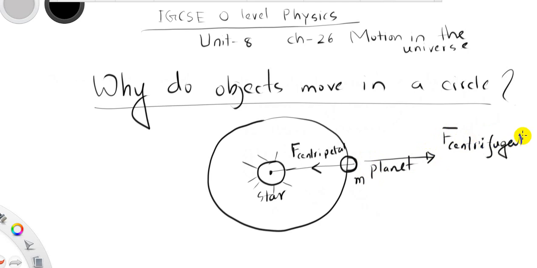Remember, the direction of the centrifugal force is outward from the center of the sun. When these two forces are in balance, then a planet revolves around the star or the sun in a circular orbit.